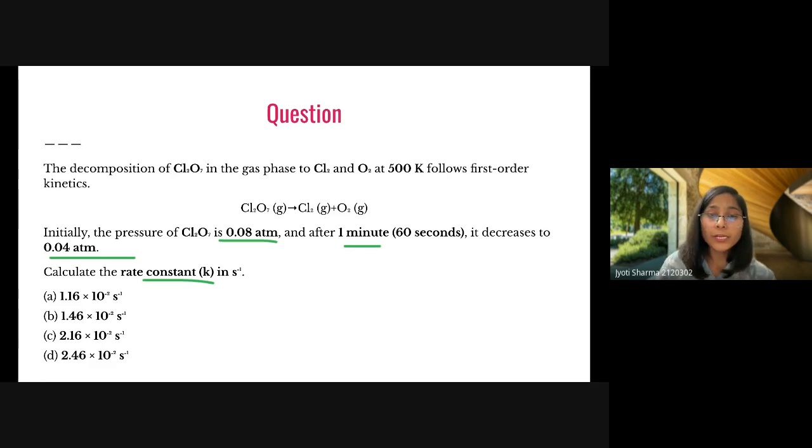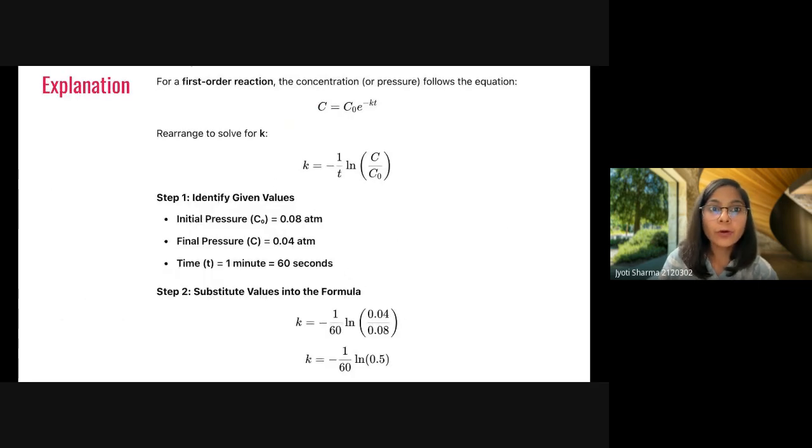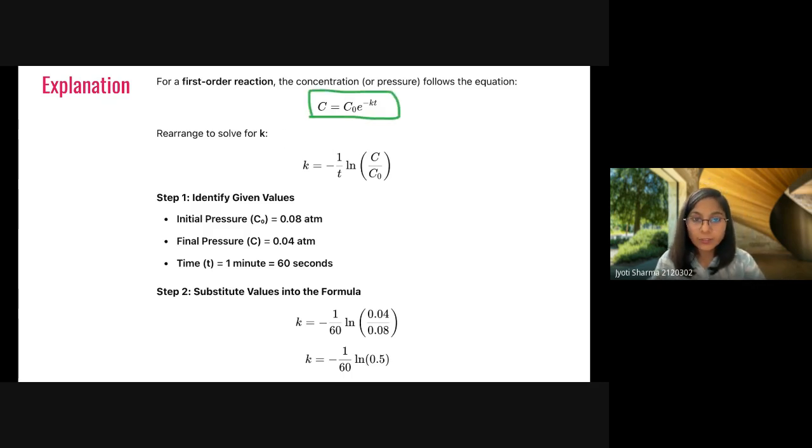So wherever there was the initial concentration and the concentration of the reactant in your first order reaction, you have to replace it with the initial pressure and the pressure of the reactant. So this is how you can solve this question. Let me tell you how. This is a first order reaction. We already have discussed for the first order reaction, this is our integrated form: C is equal to C0 e to the power minus Kt.